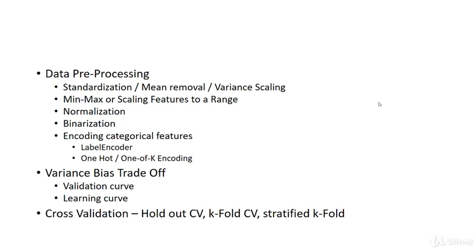The other key component that we look at, not necessarily restricted to the regression portion, is data preprocessing. By and large, for most machine learning algorithms, you do need to pre-process your data. It makes the assumption that your data is either between -1 to 1 or 0 to 1.